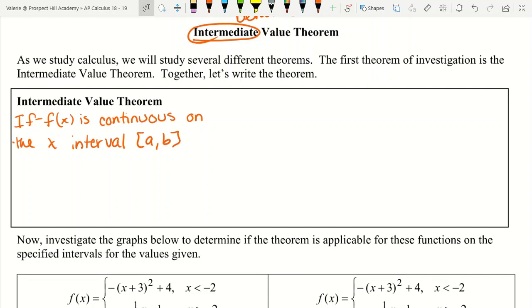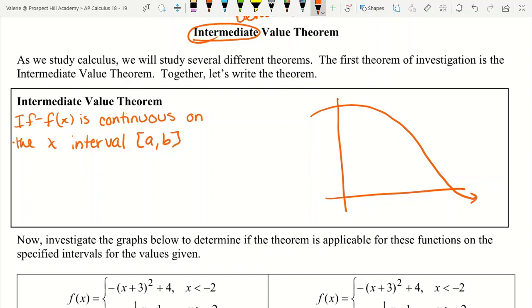We're also going to sketch this as we write it so that it's a little bit more visible. So let's say we have a continuous graph. There's no holes, there's no asymptotes. And on the x-axis, we have some values a and b.